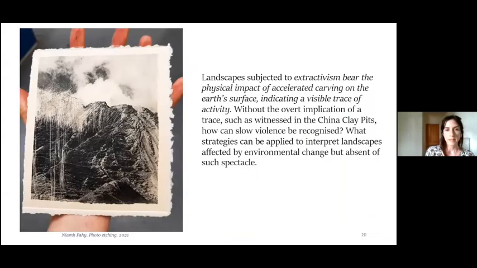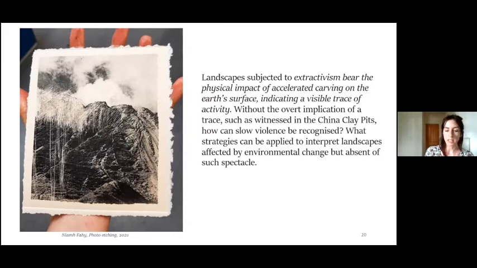So this experience of the China clay pits and the printing process that followed was intended to question how the Anthropocene is made visible through extractive processes. The practice of fragmenting and erasing the images has instigated further reflections on making visible. Landscapes subjected to extractivism bear the physical impact of accelerated carving on the Earth's surface, indicating a visible trace of activity.